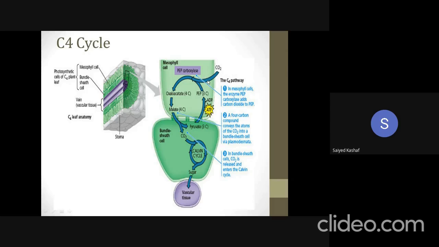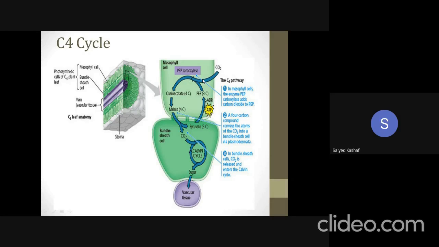We know that the concentration of CO2 in the atmosphere is lesser than O2, right? So oxygen would also be there. So as the concentration of O2 increases, rubisco has the affinity to bind with the O2 also, because it also has oxygenation capacity.